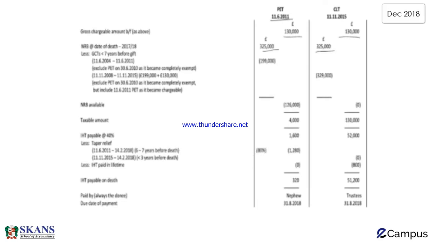In order to know the percentage of taper relief available, candidates need to know the duration between the date of transfer and the date of death, which is something more than 6 and less than 7 years.